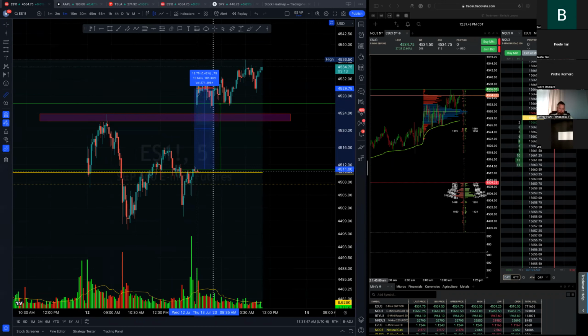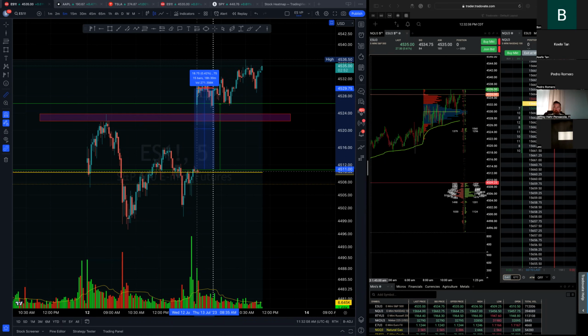And after the initial balance happened, I did not see a reason for the market to move down. Why? Bullish data, bullish momentum, gap up, initial balance is looking pretty bullish. We're pretty far away from yesterday's point of control.